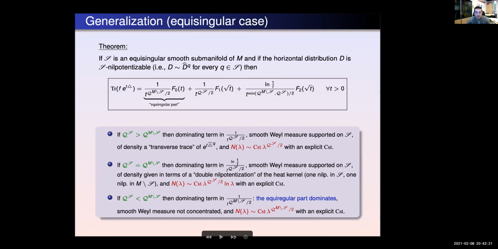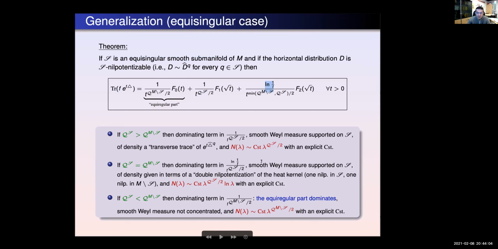And actually, more generally, when S is an equisingular submanifold, we can always compute this trace, and this trace is exactly the generalization of what you saw in the Grushin and Martinet case. So there is, in some sense, a part which is coming from the equiregular part, plus a new part which takes into account the Hausdorff dimension of the singular set, with the appearance of a logarithm.